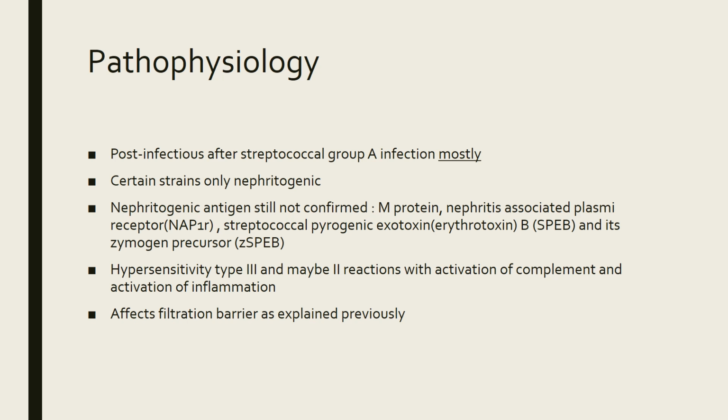So just a bit of a recap in terms of pathophysiology. We've already talked about it, but it is thought that it's either a type 2 or a type 3 hypersensitivity reaction. So we have either preformed antigen-antibody complexes that get trapped in the glomerulus, or more likely, bacterial antigen that gets trapped in the basement membrane because the postulated antigen is a cation. Remember, the glomerular basement membrane has anionic sialic groups that repel negative molecules.